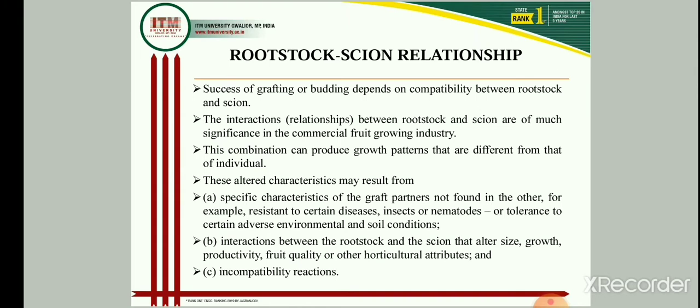In this combination, compatibility is a very important factor, because in many graft unions it has been observed that they are not successful after a certain period of time, resulting in an incompatibility reaction between the two components.